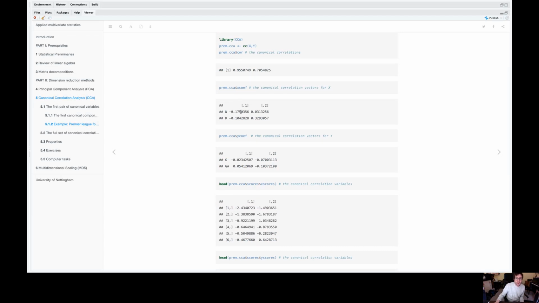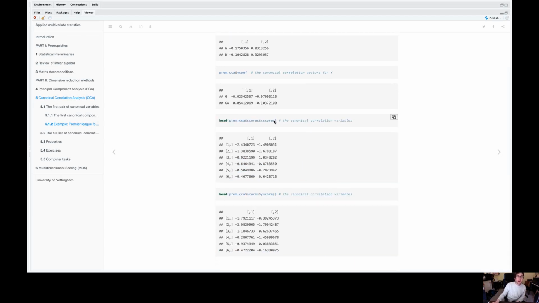So we've got the first vector here with minus 0.175 and minus 0.104. And this is the second vector for the x's, which we've not talked about yet. And here then are the first vector for the y's, minus 0.023 and 0.054. Okay, vector 1, vector 2, A1, B1.